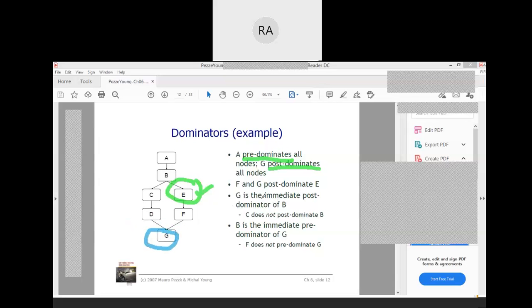See, there is one simple confusion that you may get. G is the immediate post dominator for the node B. Why is it so? Why am I not considering C or E? We have already studied the definition of immediate post dominator.